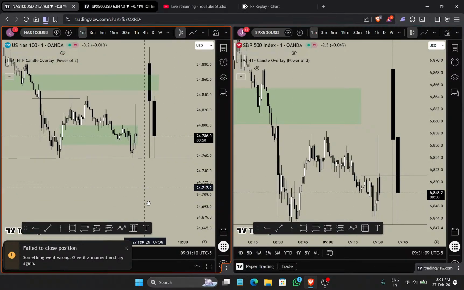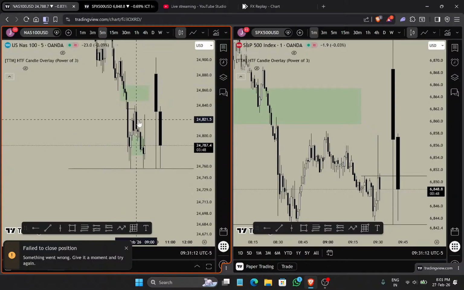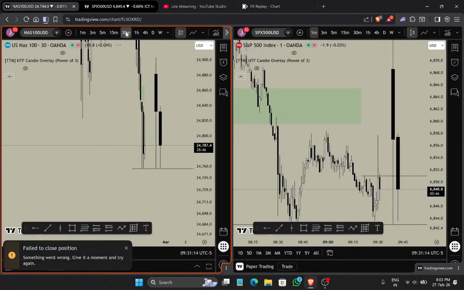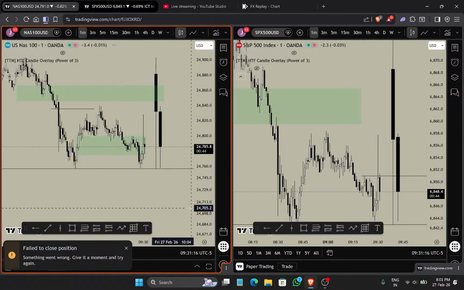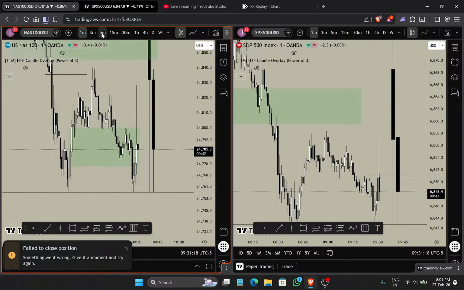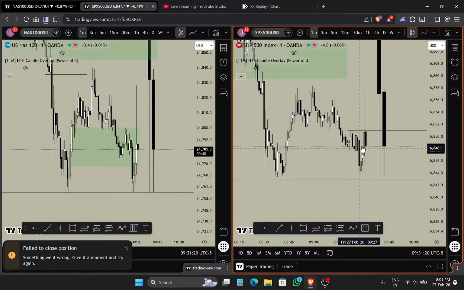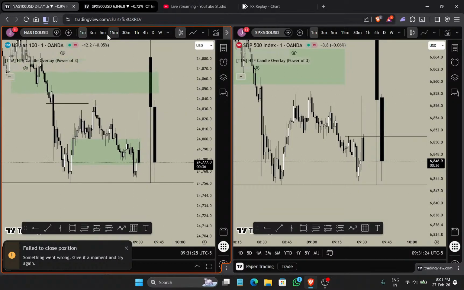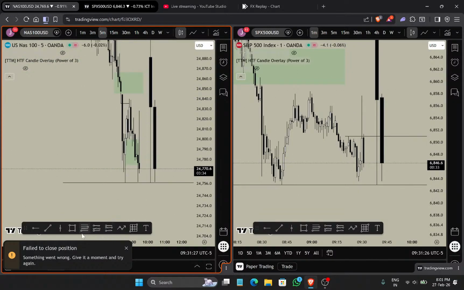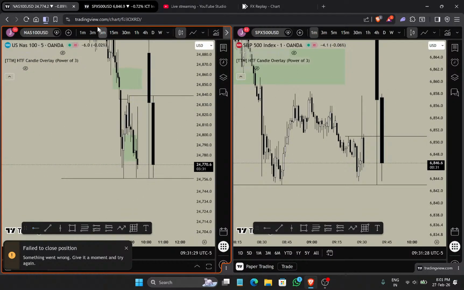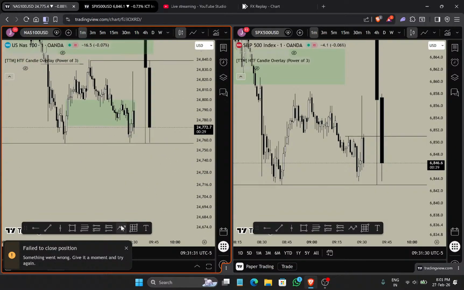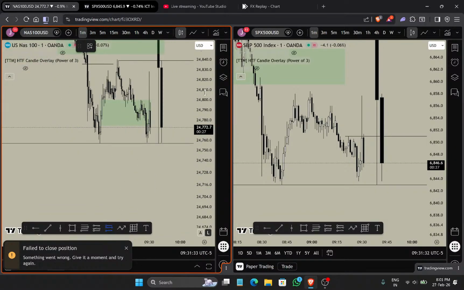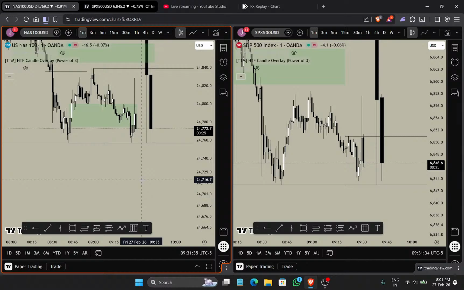What that means is our bias is almost right. Here we are actually inside this level, but we needed to be above this level. That's it. We don't have an inversion.